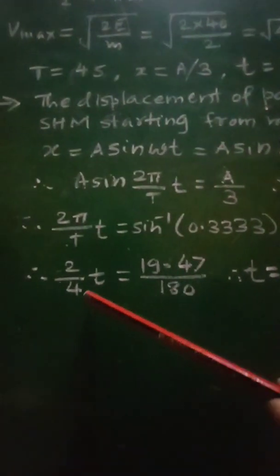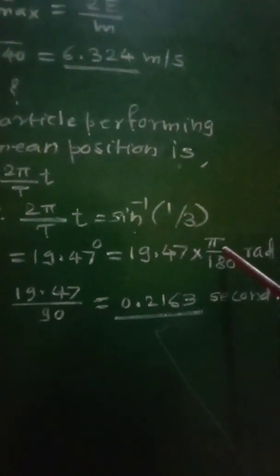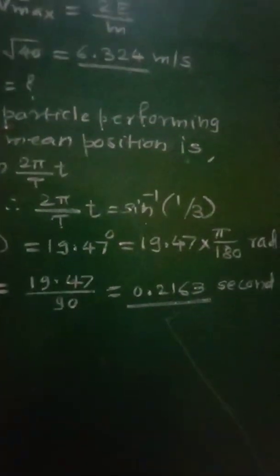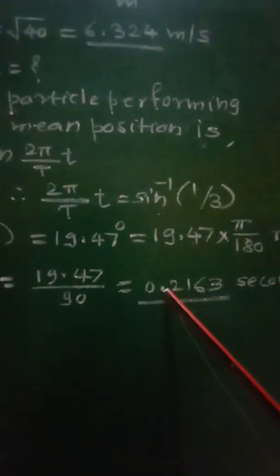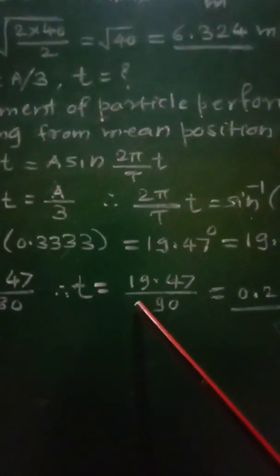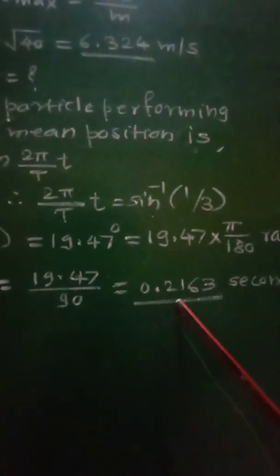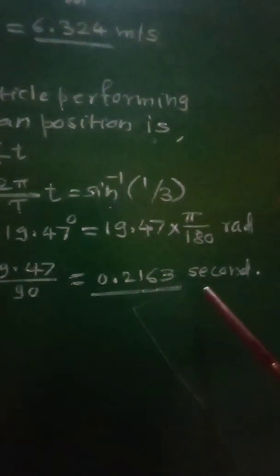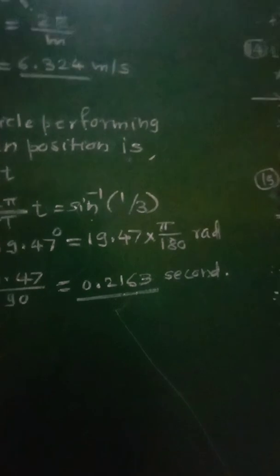Here 2 pi by T into t had the value 19.47 into pi by 180. Pi will get cancelled on both sides, and therefore at last we will get the value of t equal to 19.47 upon 90. That comes out to be 0.2163 second, which will be the required answer.